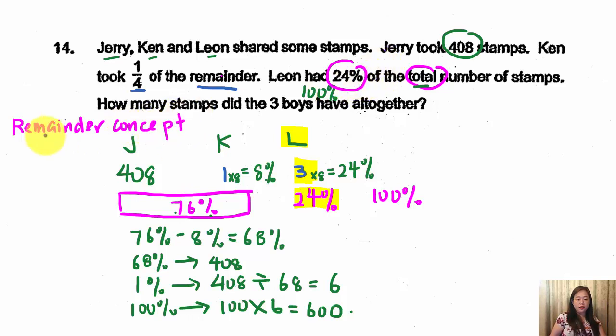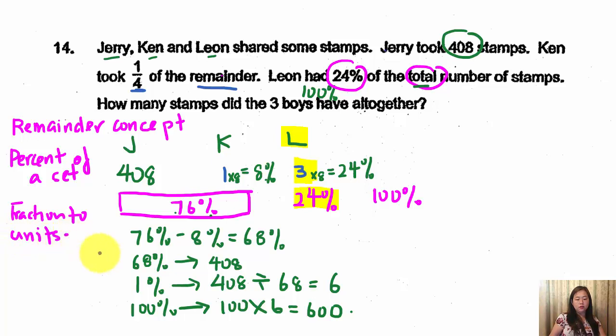This is 24%, which is testing us on percent of a set. 1/4 is testing us on fraction, 2 units. And we also learned the importance of finding 1%, which is units method.